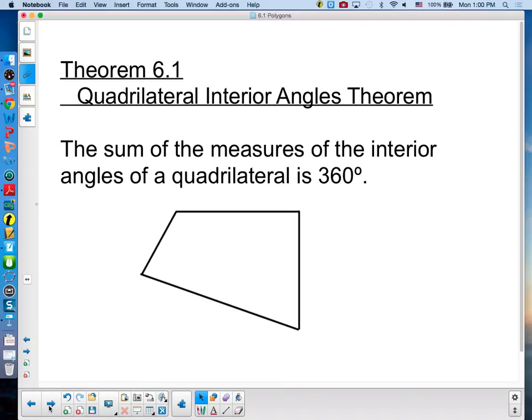Thinking back to your figures that you measured, were there any two angles that added up to 180? Yes. You had some? Did you have any two angles in your diagram that added up to 180?